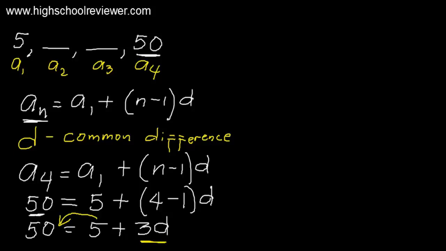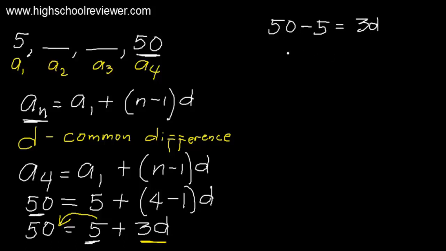So transposing, we will have 50. If we transpose positive 5 to the other side, it will change its sign. So from positive, this will become negative 5 equals positive 3d.